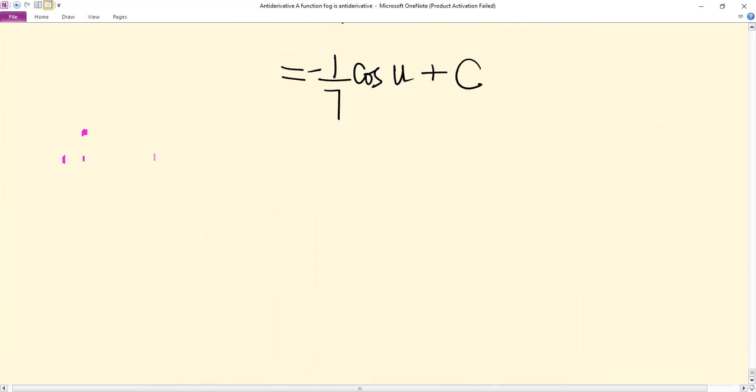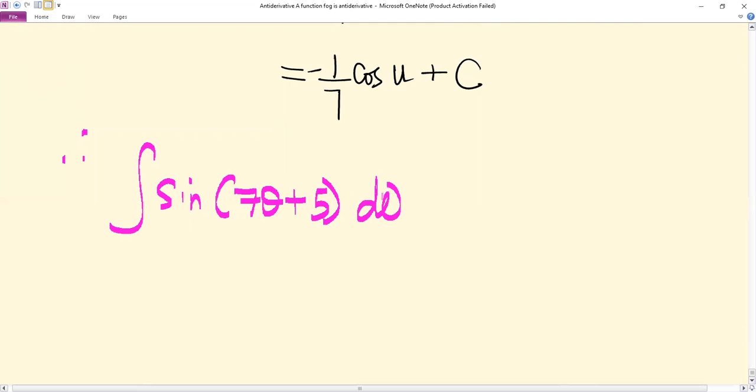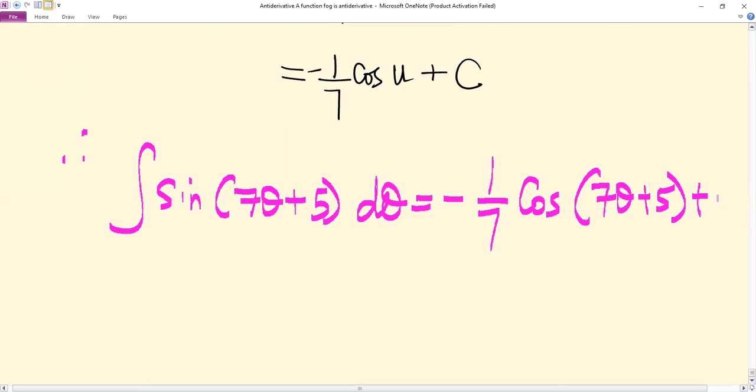So therefore, the integral of sine of 7 theta plus 5 d theta is minus 1 over 7 cosine of 7 theta plus 5 plus c. So this is the final answer.